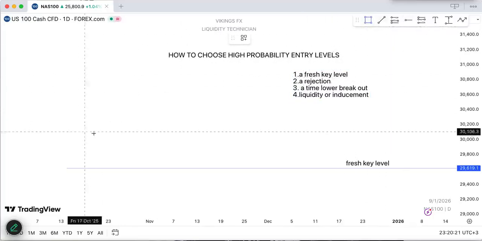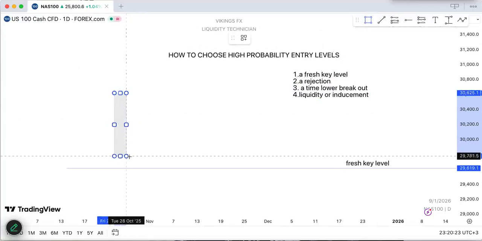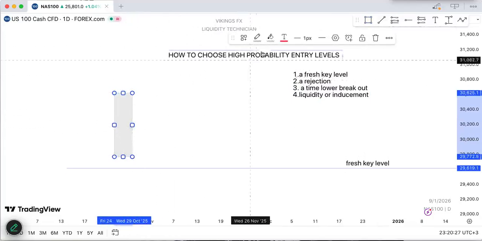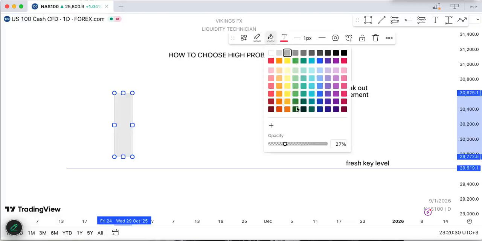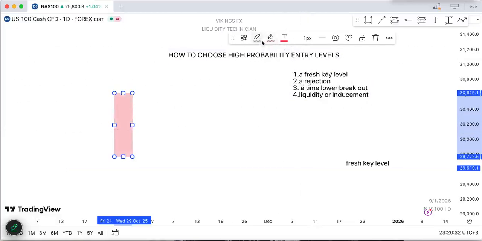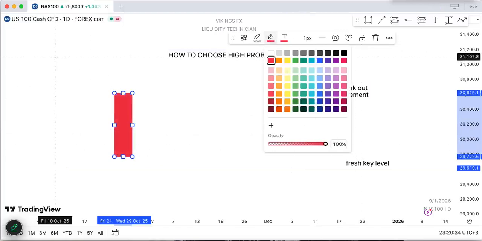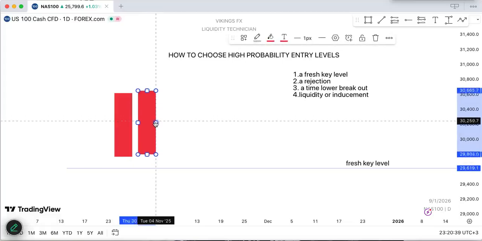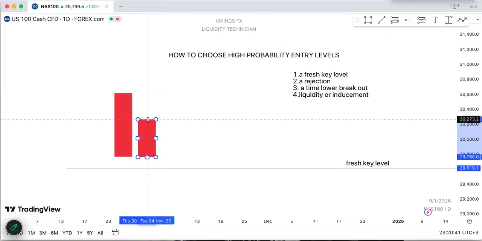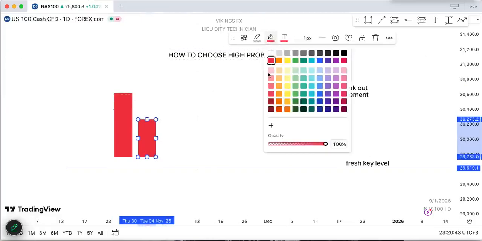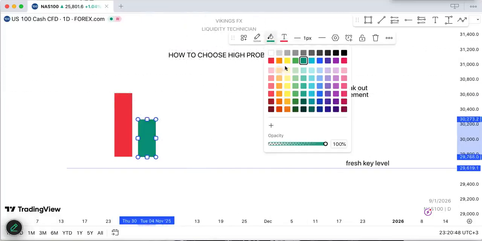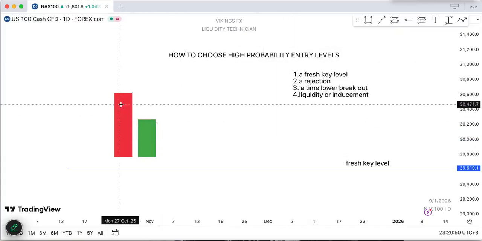So I'm going to use our traditional colors, that is green and red. For example, this is our bearish candle and this is our bullish candle.